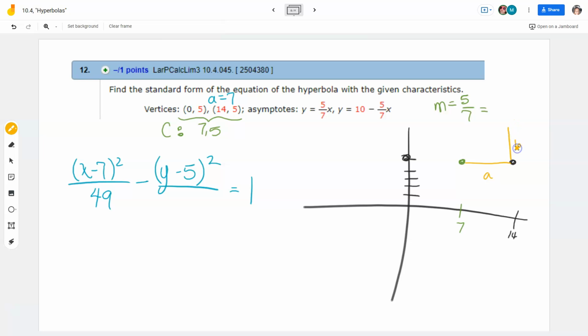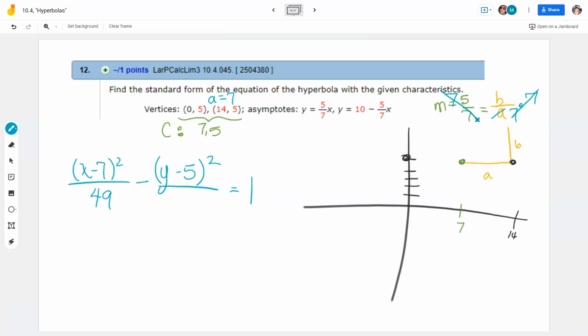So yeah, it's going to be B over A again, except this time I'm not so dependent on extra steps, because what can I make for A? There you go. So if I multiply 7 to the other side, I end up with B is equal to 5. That's just math.